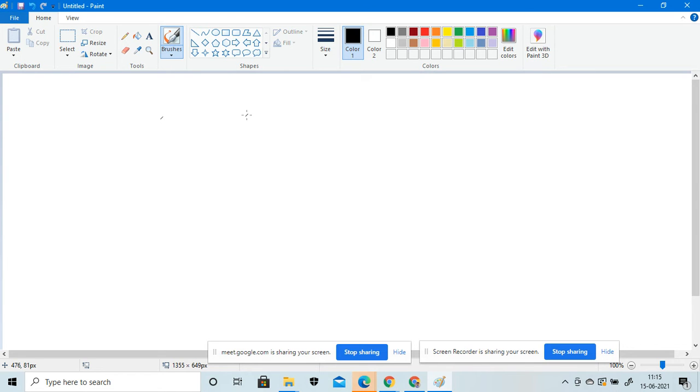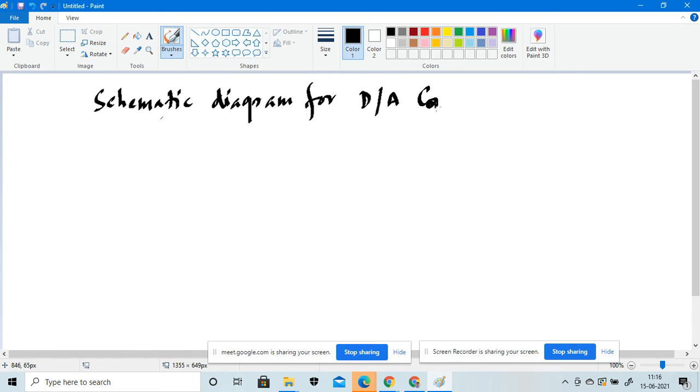Okay, if we consider the ladder circuit, that is the schematic diagram for a D2A converter using the resistors, which will be called a weighted resistor, right? Weighted resistor. So what will be my diagram for that?